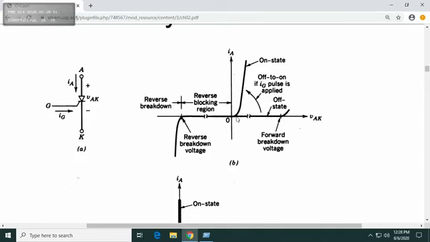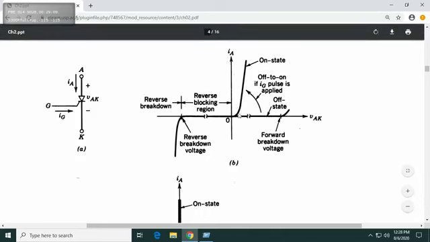Then we have a characteristic similar to that of a diode. If we don't supply this Ig current, it remains here. So we need this pulse from Ig, the gate pulse, in order to reach this on state. Now you understand how the on works.